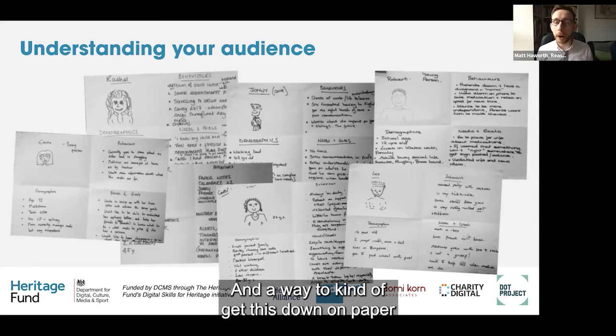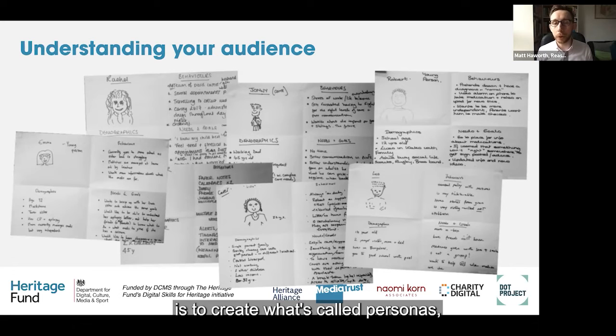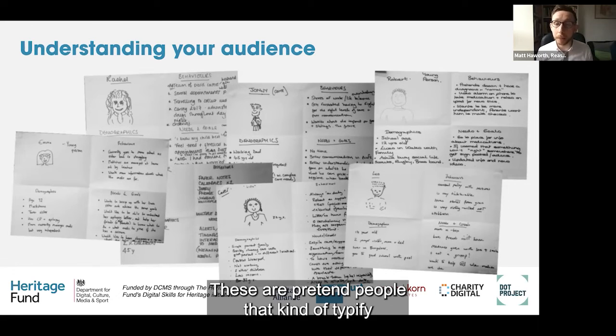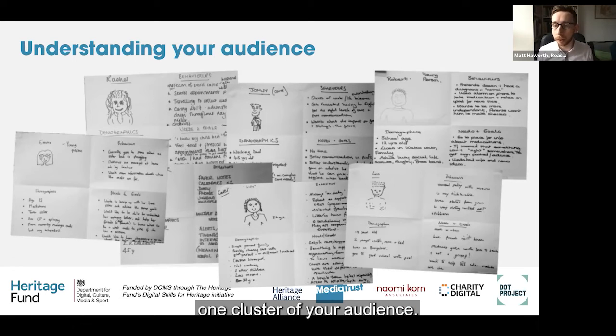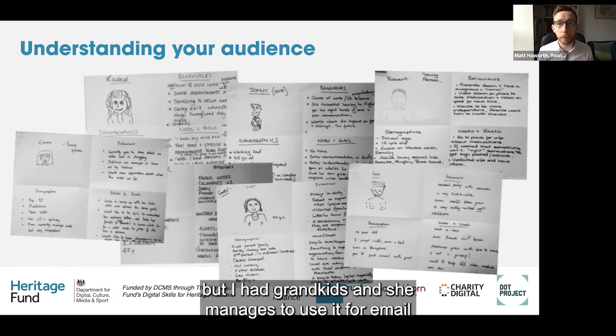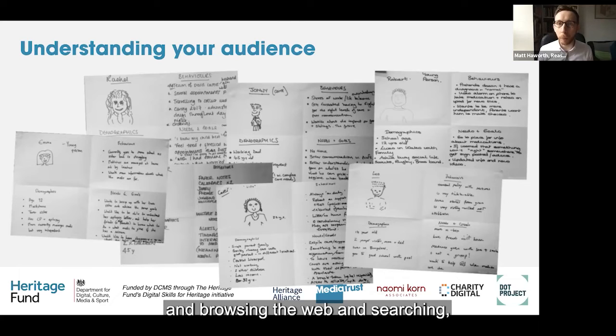And a way to get this down on paper that's helpful for your strategy is to create what's called personas. And you can see some of these on screen now. These are pretend people that typify one cluster of your audience. So you might have, I don't know, a retired art enthusiast, for example, that we might call Edith. And she might have been bought a smartphone by her grandkids, and she manages to use it for email and browsing the web and searching, but she's not on social media yet.